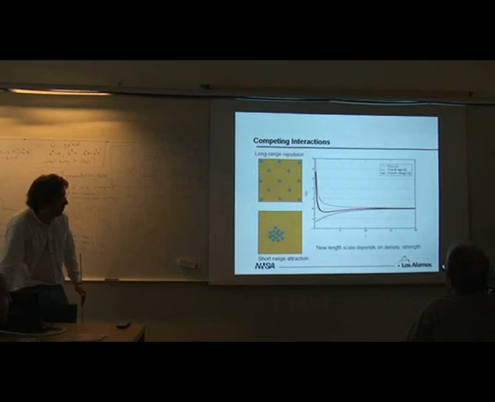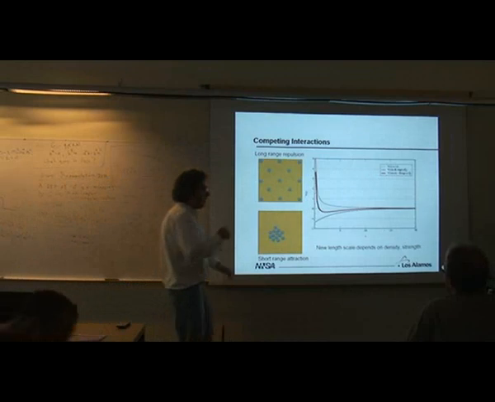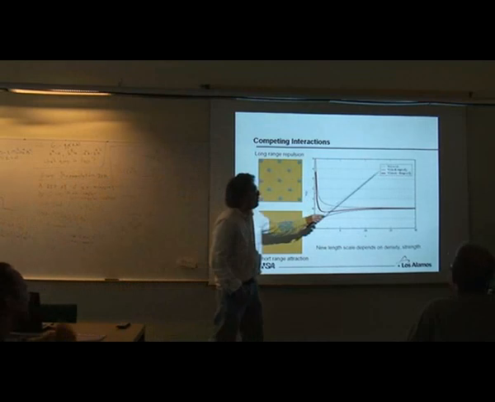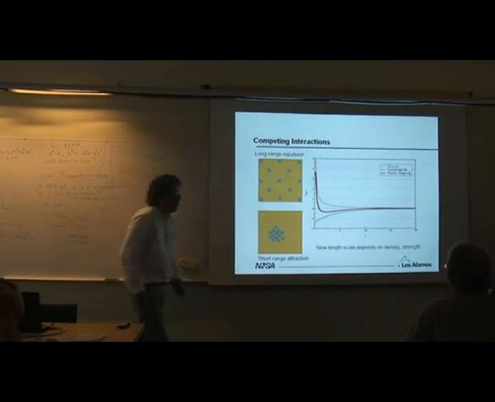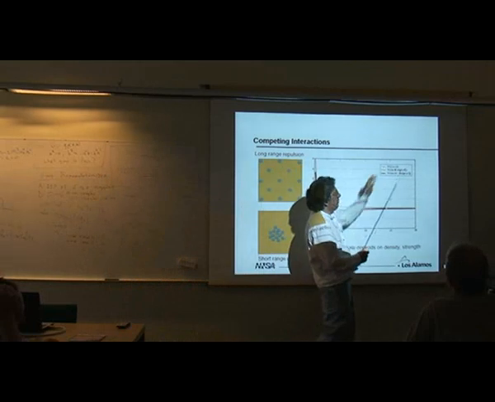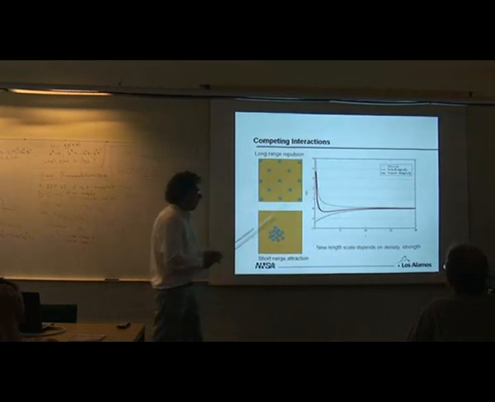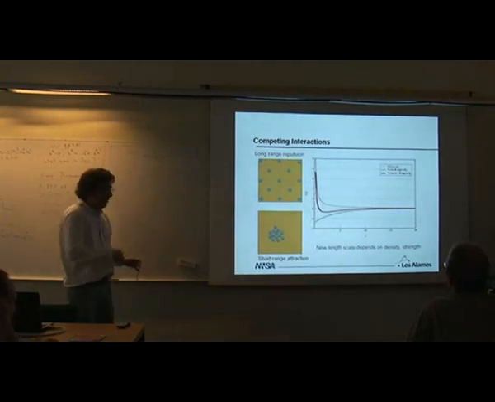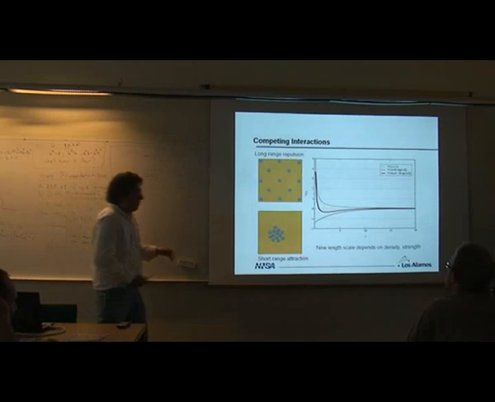So then I'll start to show our model. Our model is a strictly phenomenological model. We consider particles with long-range Coulomb repulsion, and we just add a phenomenological exponential attraction. So it's more complicated than the two-step model.